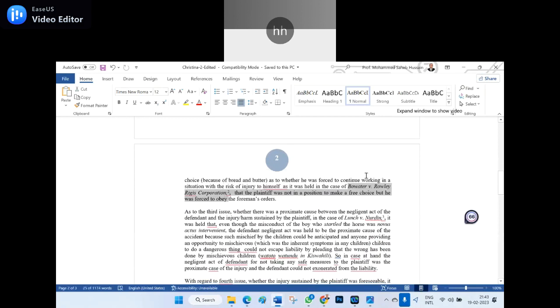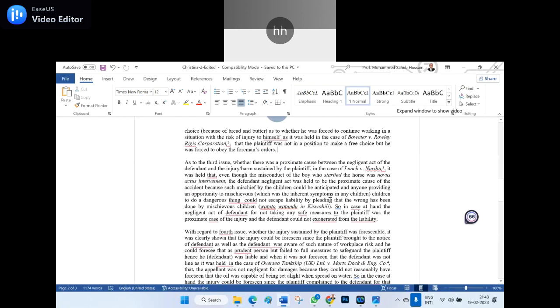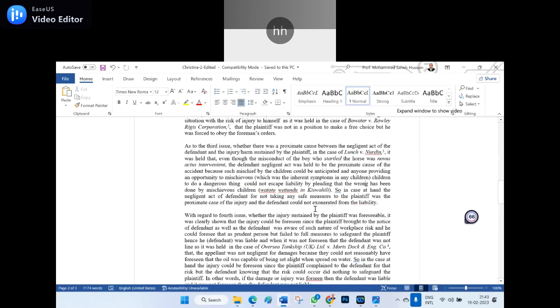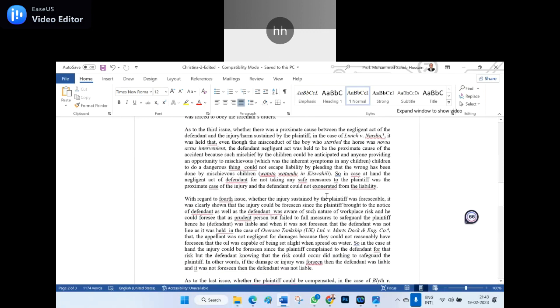One of it. And next is here, there is the exact case law, but here again, the other cases also come in that. See how here I highlighted Lynch versus Nodin. It is another separate case law. And here the case law, what it says: the dangerous thing could not escape liability by pleading that the wrong has been done by mischievous children.